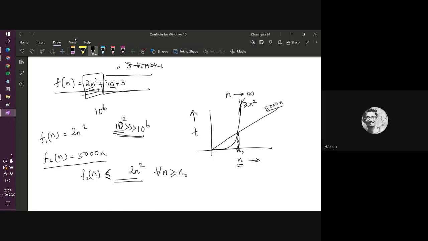And the second doubt is, madam, the function directly is less than or equal to 5000 n. Why is there a constant c multiplied into 2n squared? Even if it starts from here itself and is just going up, there is no constant needed. That function itself is still dominating, so you can put C equal to 1 or less than 1.